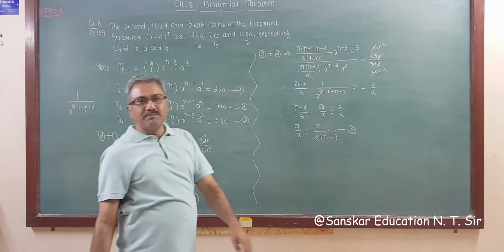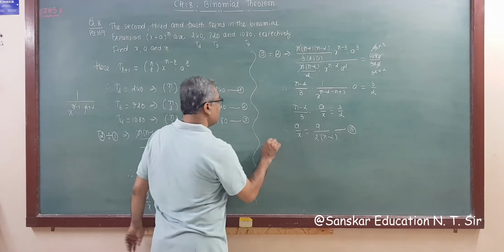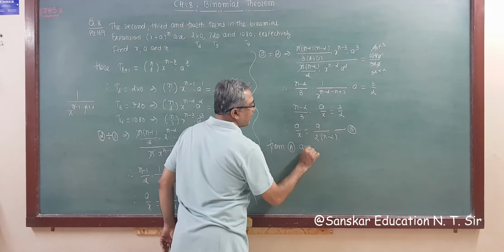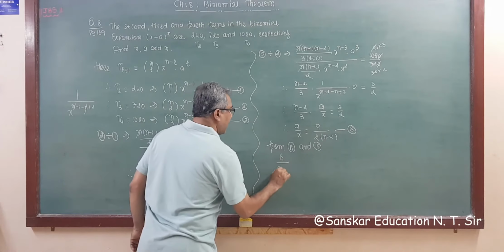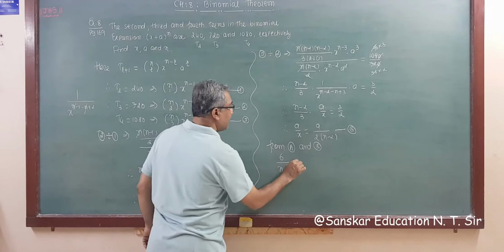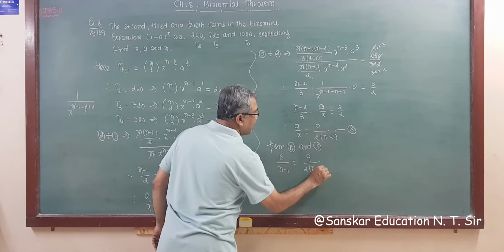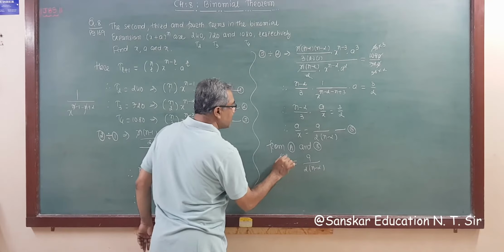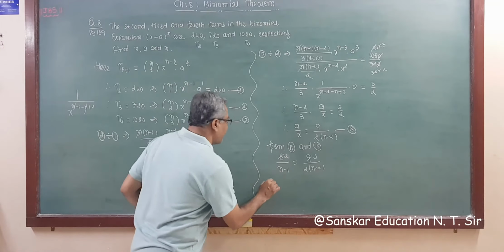So from a and b we get the same value of a by x: 6 upon n minus 1 is equal to 9 by 2 times n minus 2. So 2 into 2 we get 4.